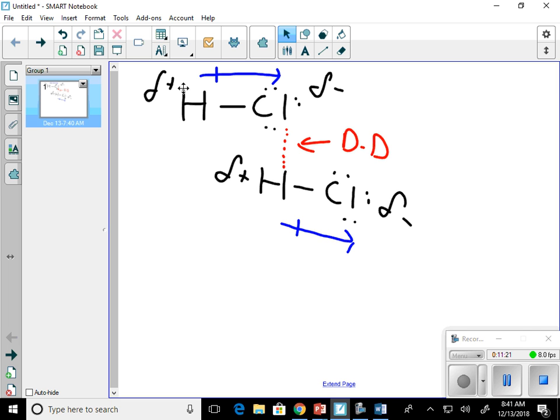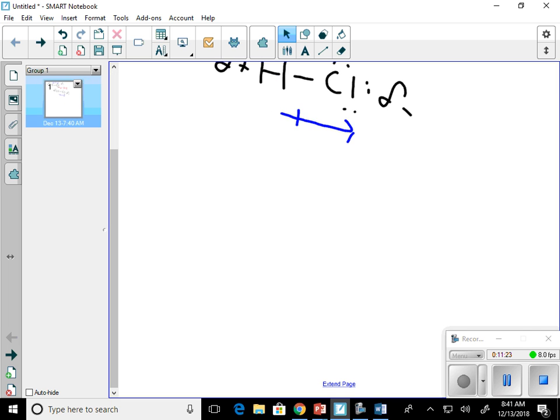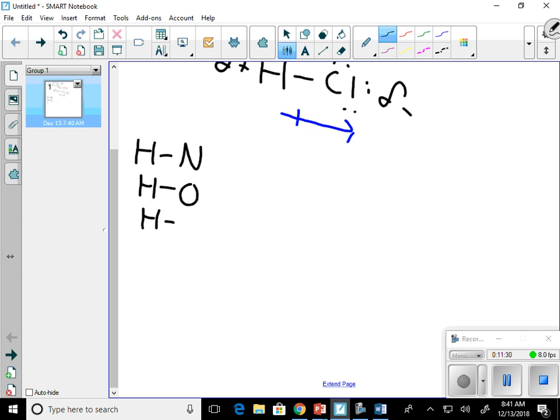Within polar molecules, there are three special bonds due to having small atoms and big differences in electronegativity. These three, NH bonds, OH bonds, and FH bonds, are so polar that they create a special type of dipole-dipole called hydrogen bonding. And the best example we've used for that in the past is water.